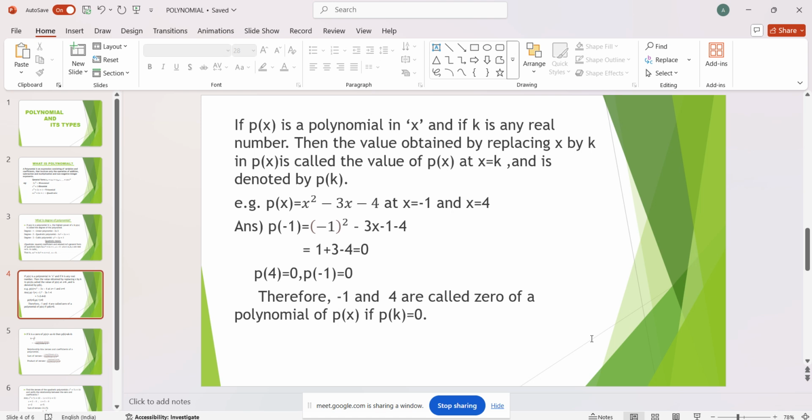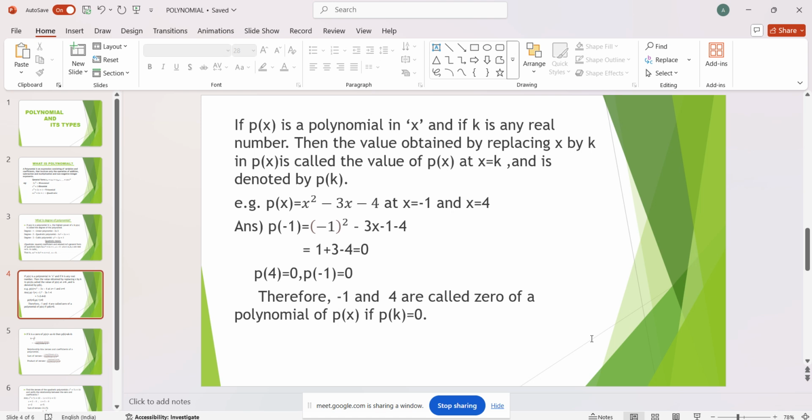Putting minus 1 in place of x, p of minus 1 equals minus 1 the whole square minus 3 into minus 1 minus 4. Minus 1 into minus 1: two minuses in multiplication give plus, so it is plus 1.